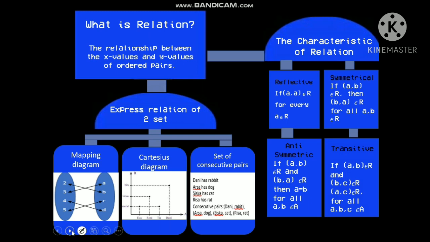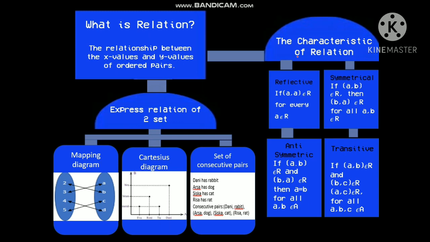We can say that the relation is transitive if (a, b) belongs to R and (b, c) belongs to R, then (a, c) belongs to R, for all a, b, c belonging to the real numbers.